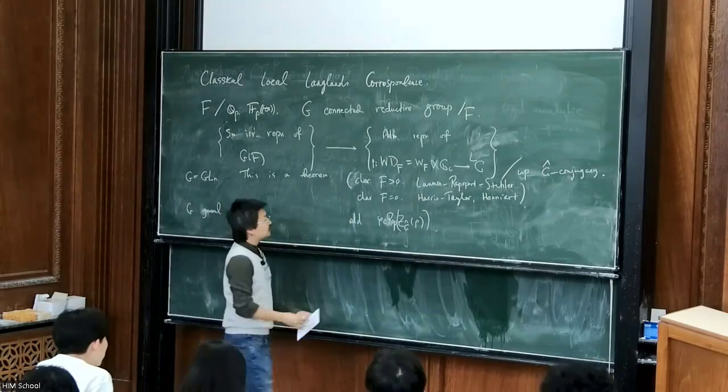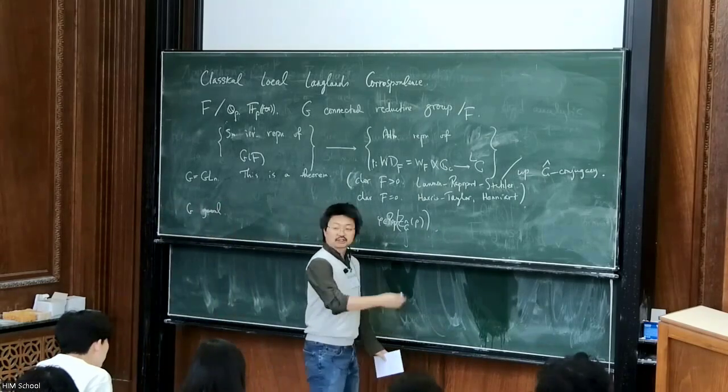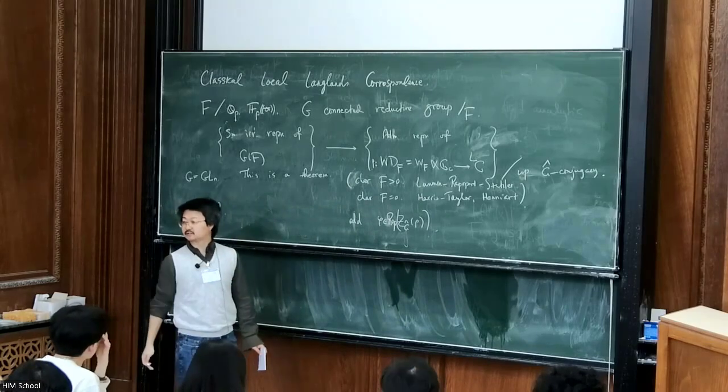For example, I think the first result in this direction is Kazhdan-Lusztig's result classifying representations with Iwahori fixed vectors.